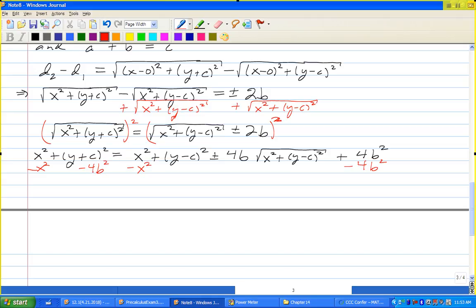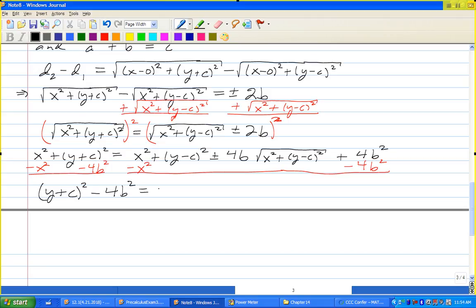So if I do that, the x squares cancel, so I get (y plus c) squared minus 4b squared equals (y minus c) squared plus or minus 4b rad (x squared plus (y minus c) squared).